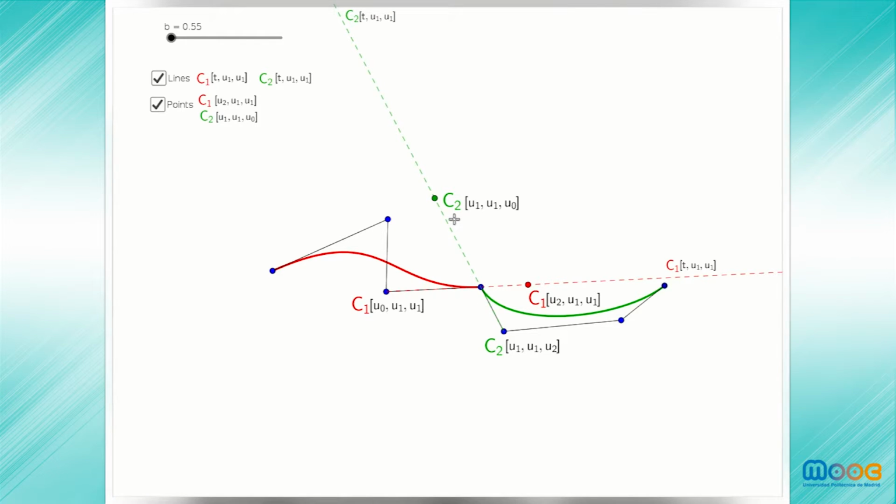So it's the point of the polar form of the second curve evaluated at u0, u1 twice. And the red point is also a point on the red line that is obtained at a certain proportion that depends on the time intervals. In this case, the value for the parameter t is u2.